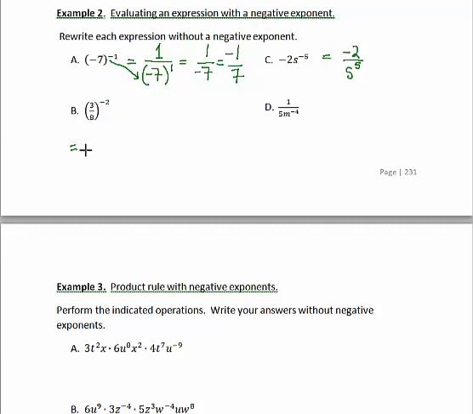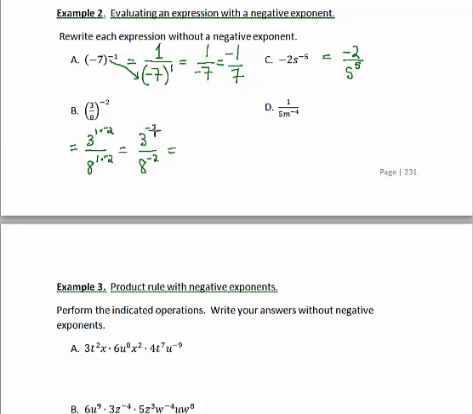If we wanted to, we could apply the power rule first, which says that we have a 3 to the first power inside parentheses times the negative 2, and then the 8 on the bottom, it also has a power of 1, and when we apply the power rule, we multiply it by the negative 2 on the outside of the parentheses, and so we end up with a 3 to the negative 2 and an 8 to the negative 2.